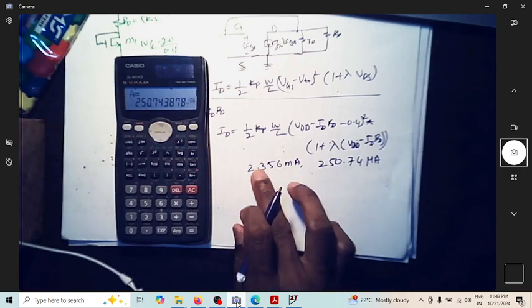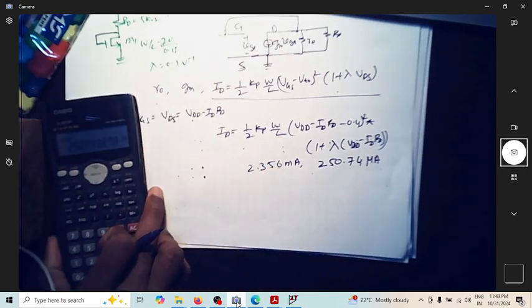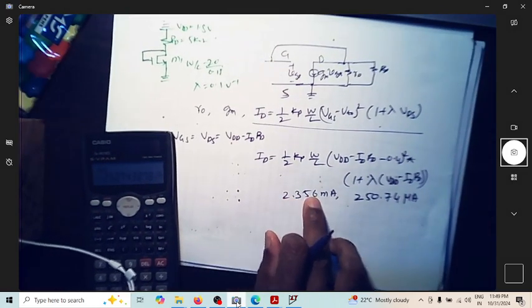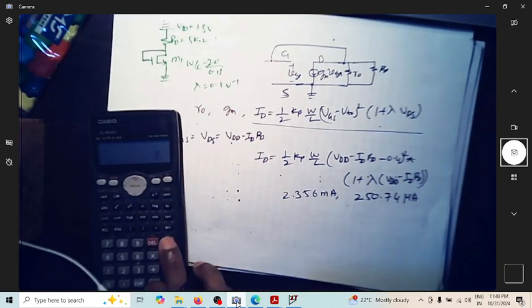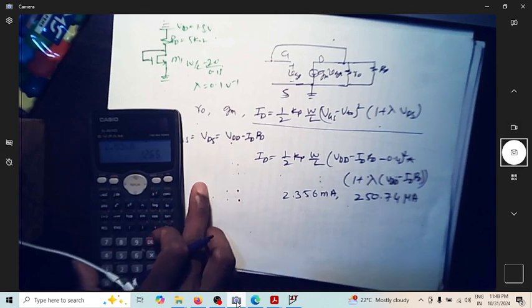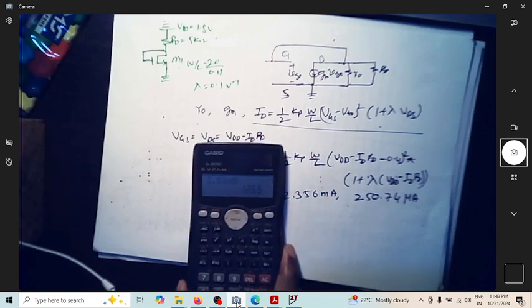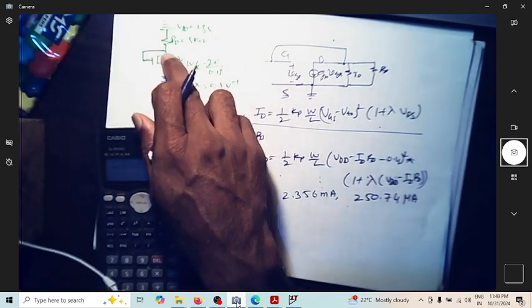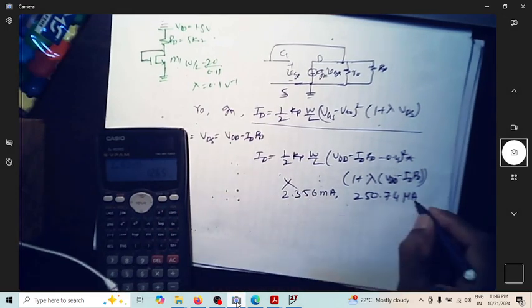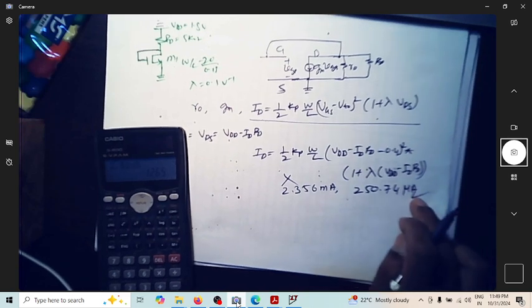So let us find out which of these two currents is correct, because if 2.35 milliamperes flows through this, multiplied by 5 kilo ohm, that will be 12.65 volts, which is ID into RD, which will make your MOSFET, that's not possible. So this is not a possible ID, so the other is the possible ID.